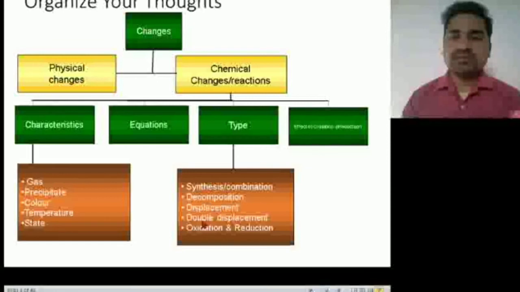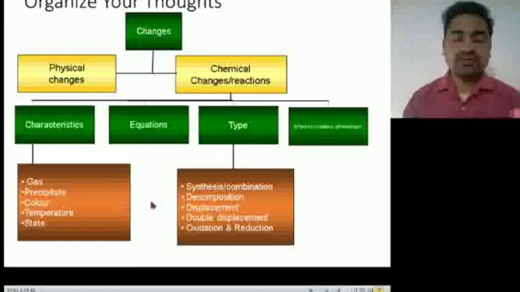Fourth is double displacement, where two elements have displaced. Now oxidation and reduction. From the name it is very clear, oxidation is addition of oxygen somewhere, and reduction is addition of hydrogen. Lastly, the effects of oxidation and reduction. So in this chapter we'll cover all these.